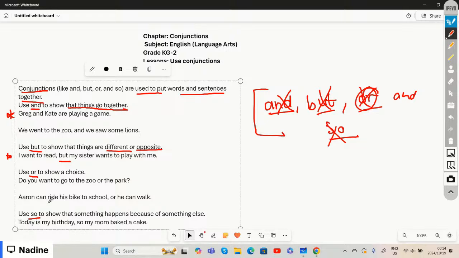Right? So there, for example, we use so to show that something happens because of something else.